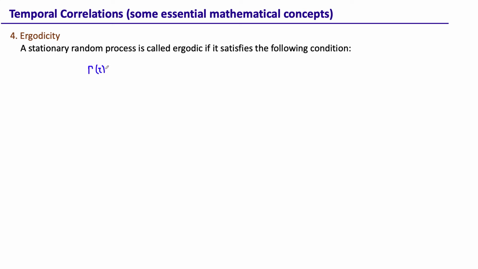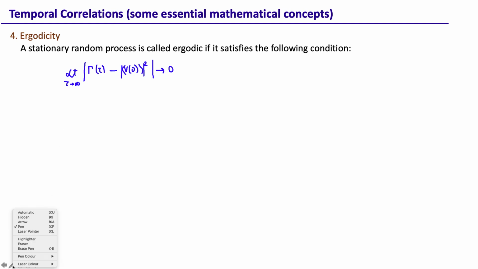So, now if this gamma of tau minus the mean of the random signal, and the square of it, in fact we take the square, and the absolute value, if this goes to 0 in the limit tau going to infinity, then it is called an ergodic process.